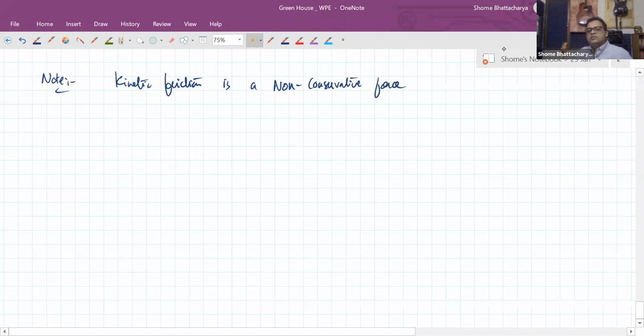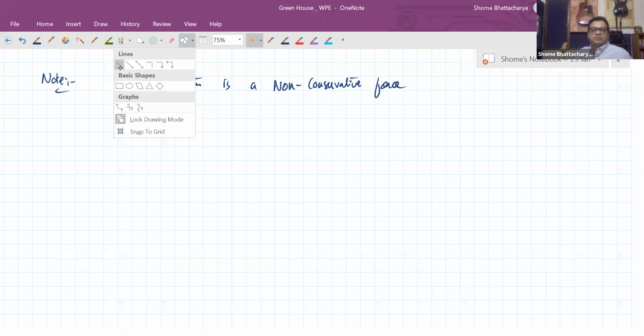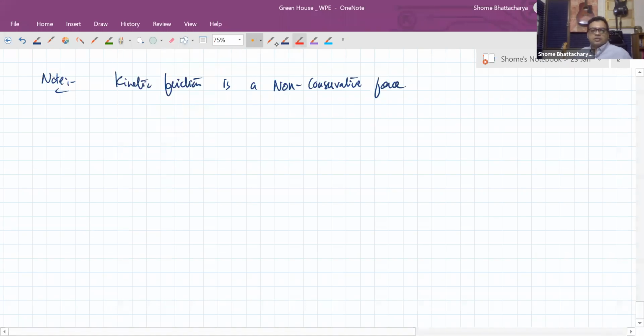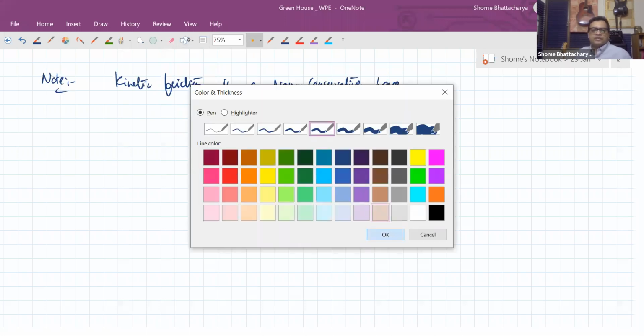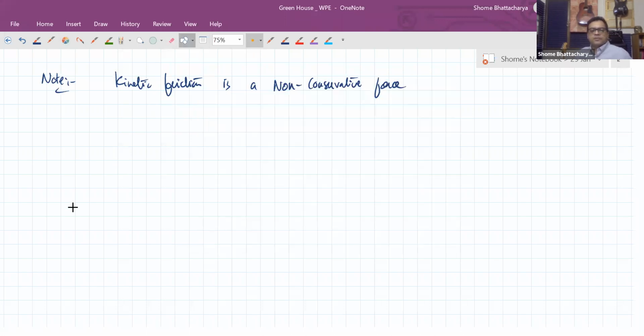And let's see why. I just gave an example of a conservative force. Any constant force is conservative. Then the other example we were discussing also turned out to be a conservative force. So I've already given you examples of conservative force.